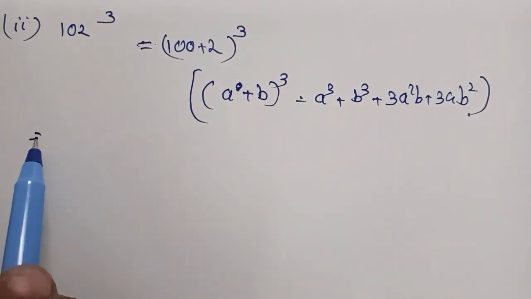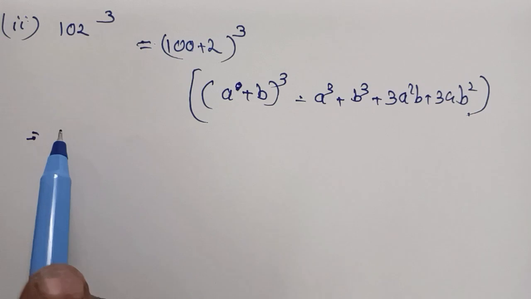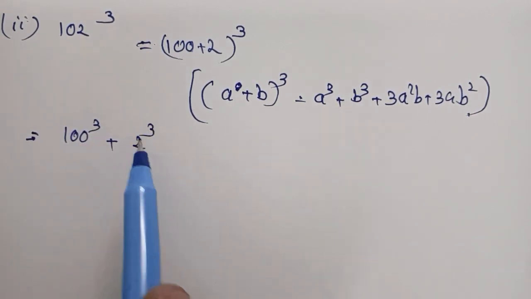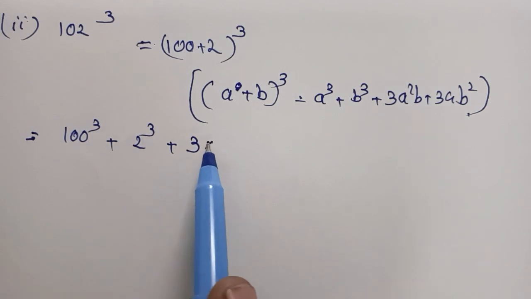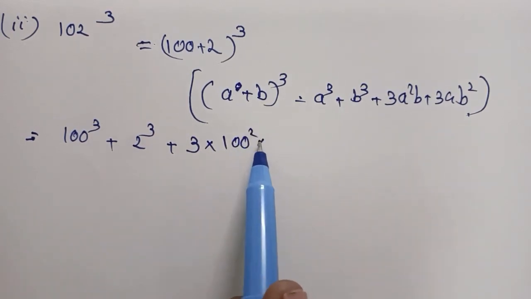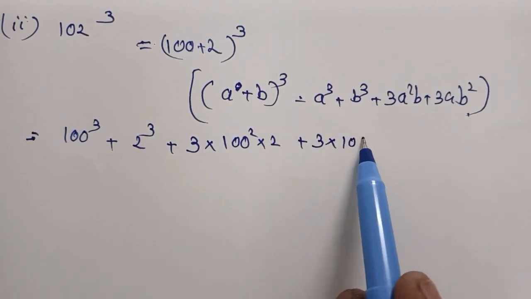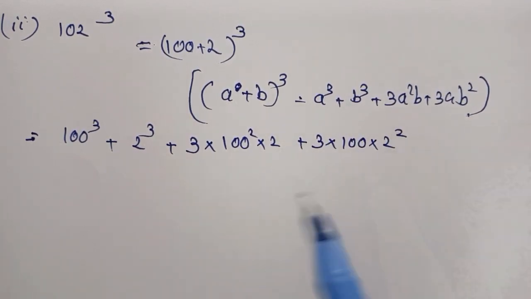Now expanding using this identity we get a cube, that is 100 cube, plus b cube, 2 cube, plus 3a square b, 3 into 100 square into 2, plus 3 into a b square, 3 into 100 into 2 square.